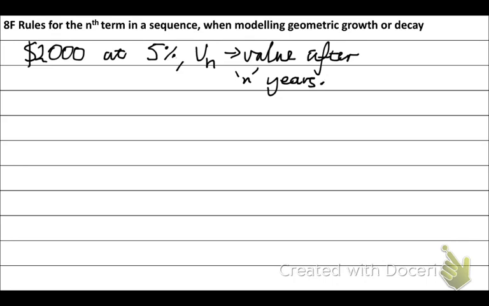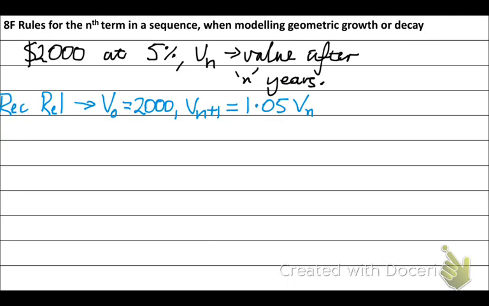Okay, so if we're writing a recurrence relation for this, our recurrence relation becomes V of 0 equals 2,000, and then each subsequent term, Vn plus 1, is equal to 1.05, which is our rate, plus 100%, times the current term.